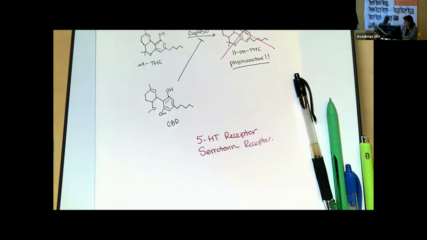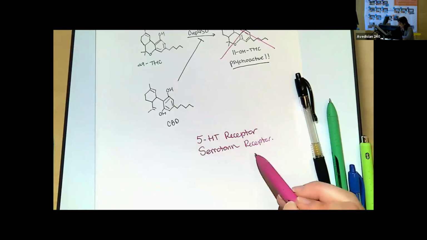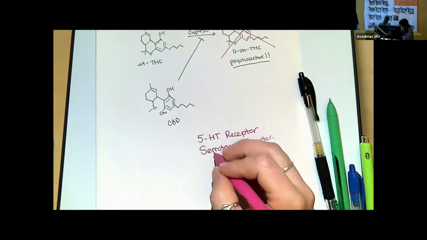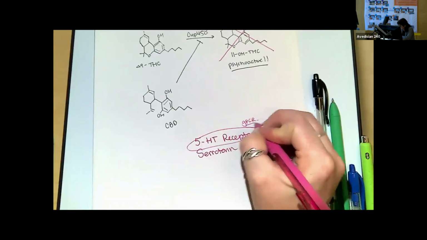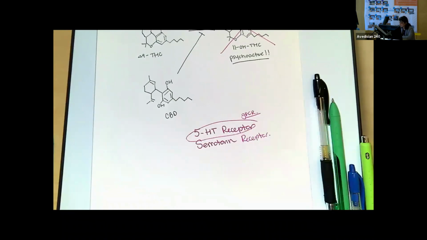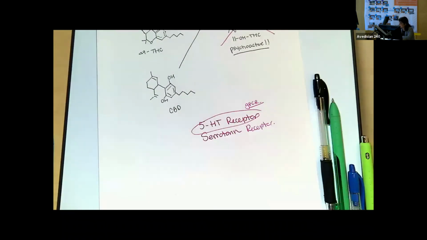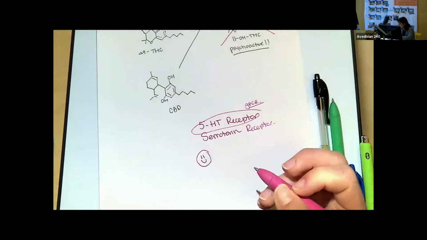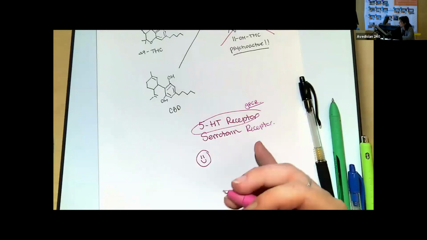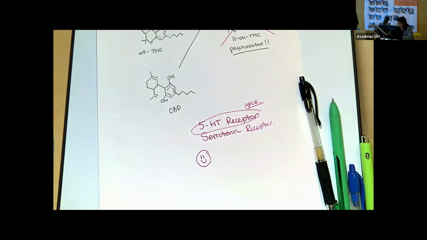So CBD acts as a 5-HT receptor agonist, and your 5-HT receptors are also G protein coupled receptors, you guessed it. So this, when we have more serotonin produced, because this is an agonist, makes us feel happy. It also will relieve anxiety symptoms due to deficient serotonin in our bodies.